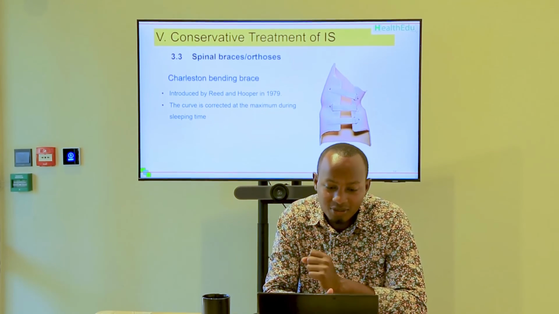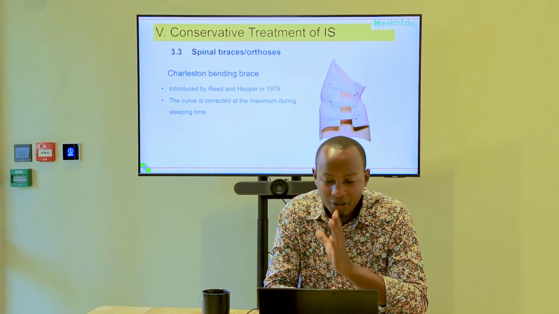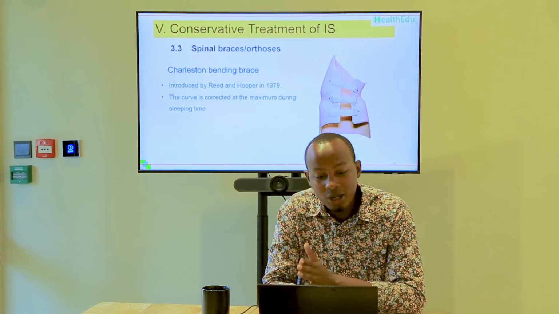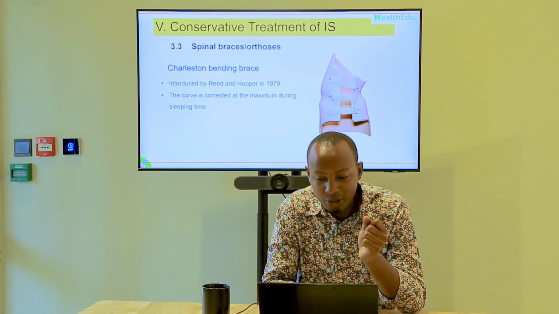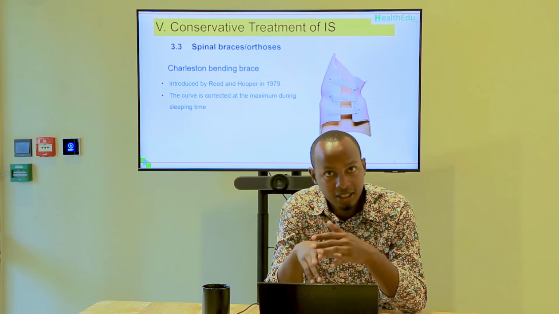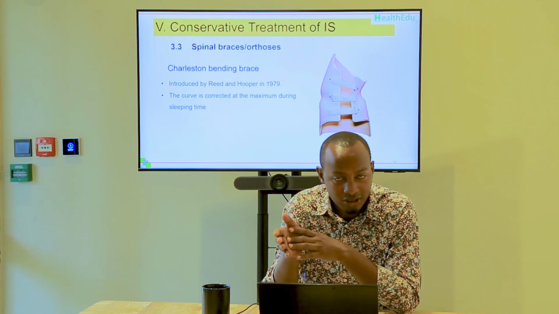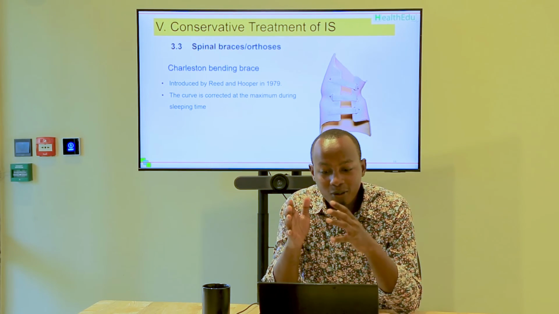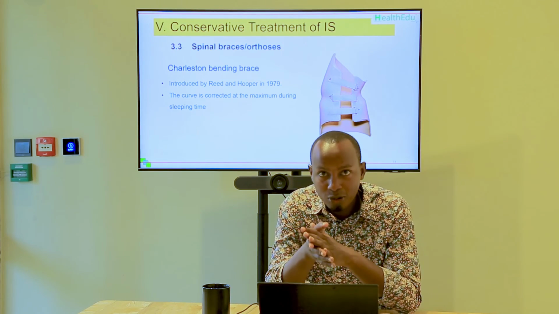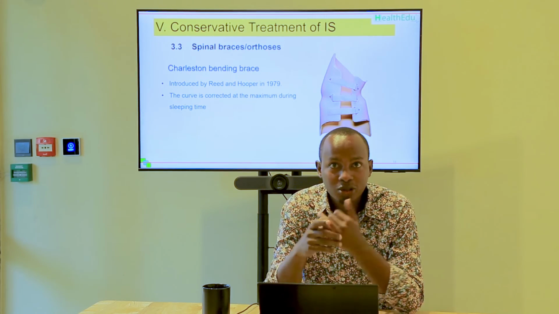Because of this maximum correction, the patient uses it only at night or when sleeping, while the other braces I mentioned earlier are used both during the day and night. They can use them 23 hours a day in early stages of treatment, and remove them only when they want to take a shower.